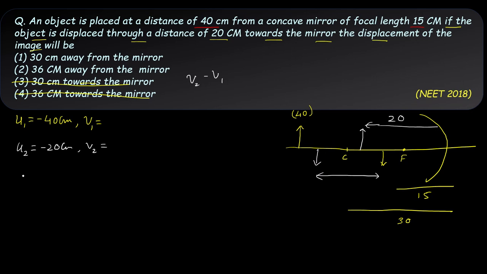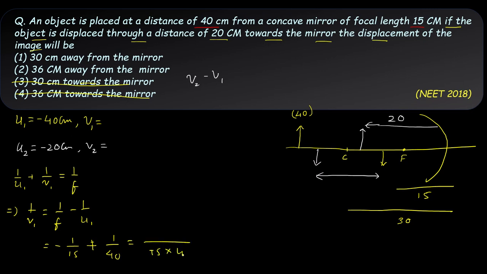So for both the cases, let us calculate one by one. First, for the case when the object was at 40 centimeter distance, if I apply the mirror equation, the position of the image will be 1 by v1 equals 1 by f minus 1 by u1. By applying proper sign convention, this will be minus minus plus.